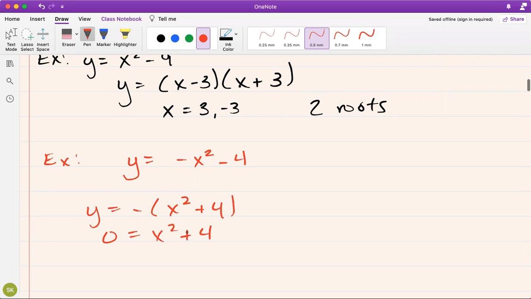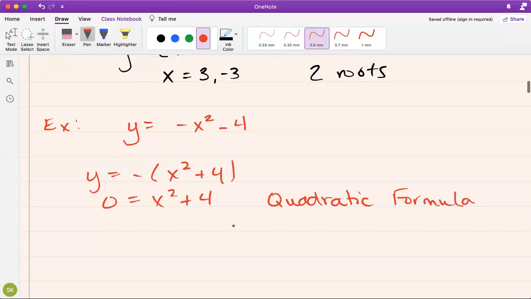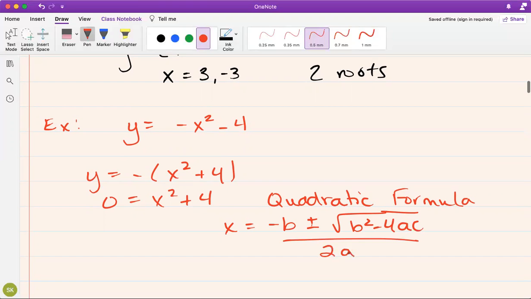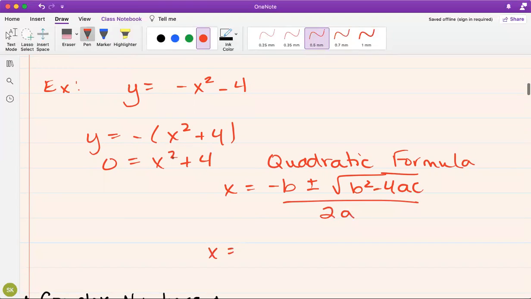And if you use the quadratic formula for this, you'll get a square root of a negative number. Just so you can see what I'm talking about, here we have x squared plus 0x plus 4. That is our function.